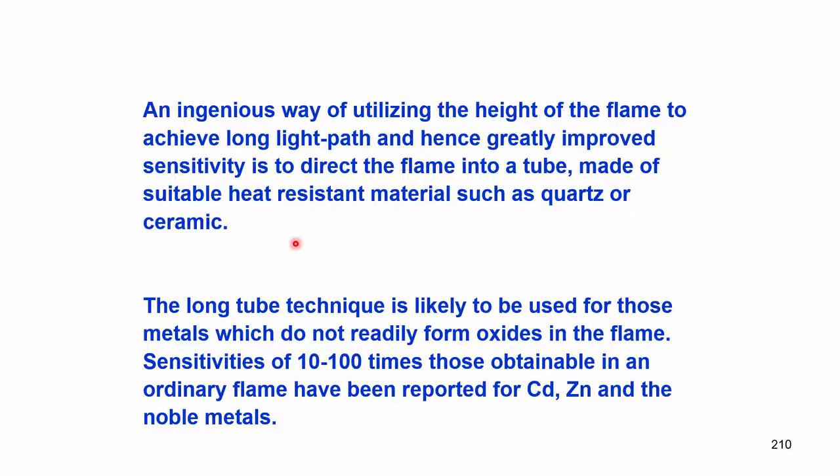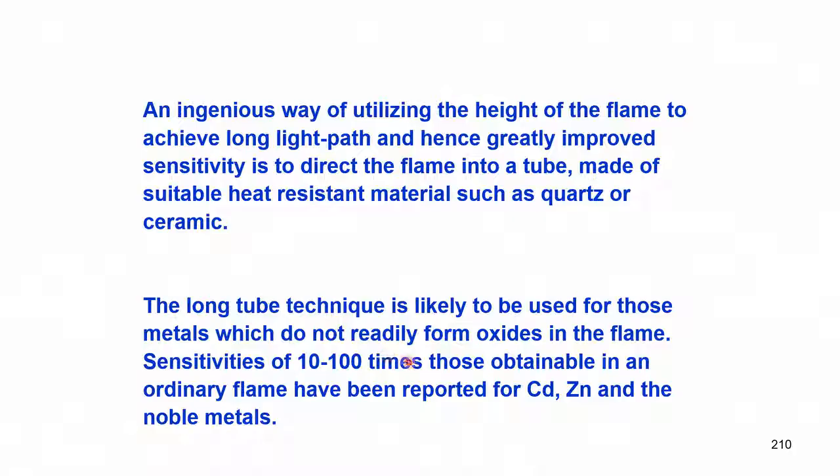The long tube technique is likely to be used for those metals which do not form oxides in the flame. That means it cannot be used for refractory oxides, that is chromium, tungsten, vanadium, etc. But sensitivities of 10 to 100 times those obtainable in an ordinary flame have been reported.